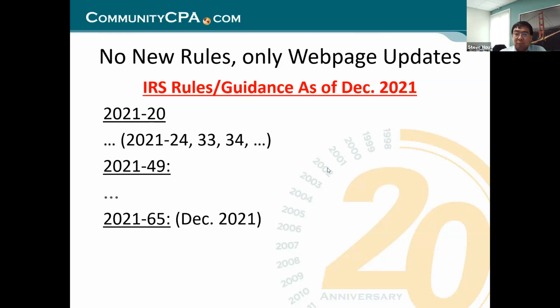So again, if anyone is telling you otherwise, you should ask them what specific rule in 2022 was new, or even in 2023, what's the specific law or rule that's new in 2023.